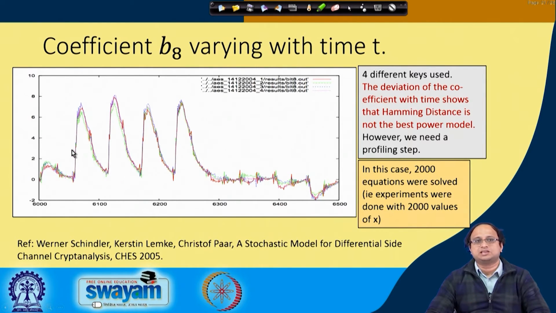You can easily see from this variation of b8 that applying a Hamming weight power model is not accurate, because in a Hamming weight power model we are assuming that the contribution of any of the bits is kind of constant over all time instances. But you can observe here that that is not so.